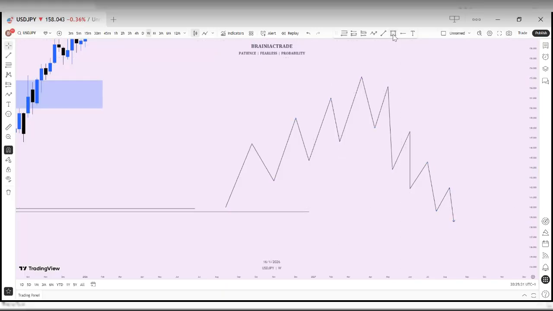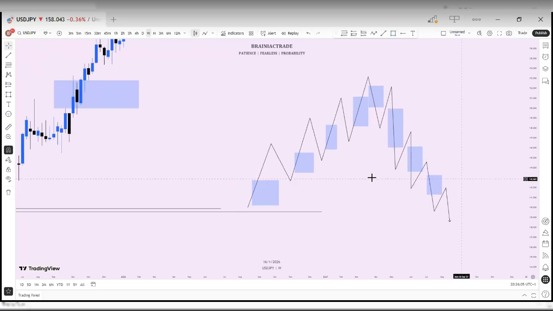There will be a fair value gap here, another fair value gap here, another one here, just like that. Then another one here, like external range to internal range liquidity, external range to internal range liquidity, external range to internal range liquidity. You understand? Like this. So okay, let's start from here.